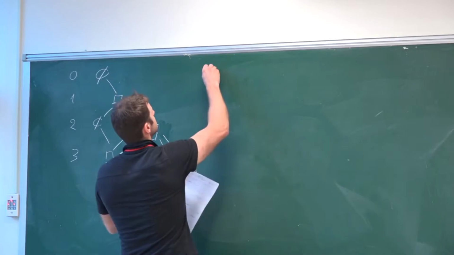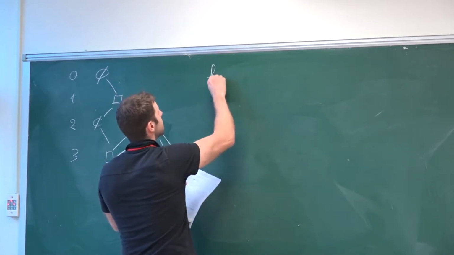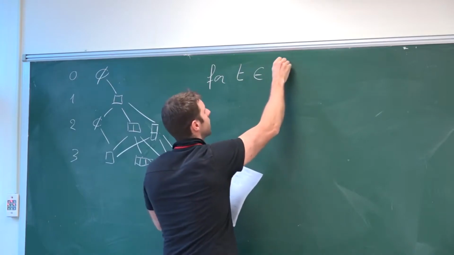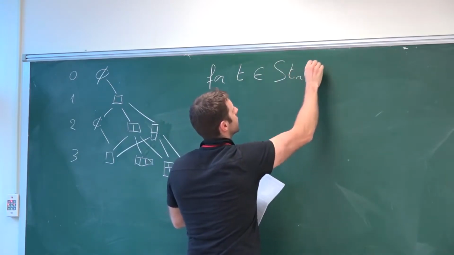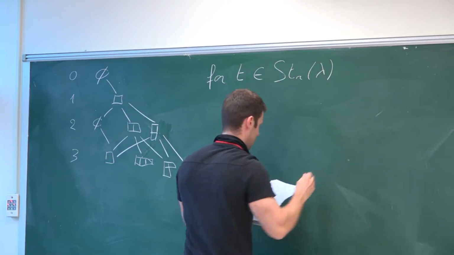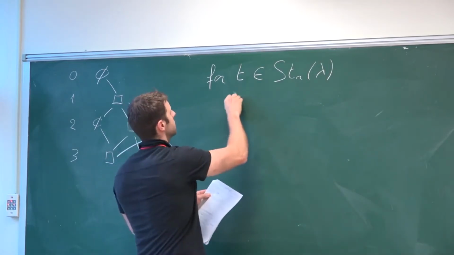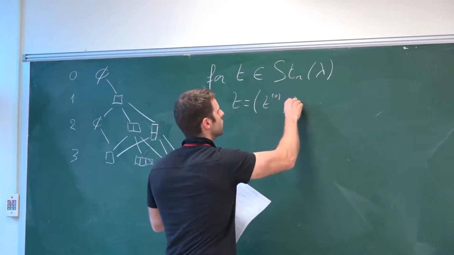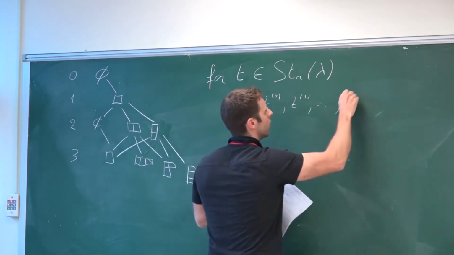So some notation. For such a path, I'll write its elements as T0 up until TR.